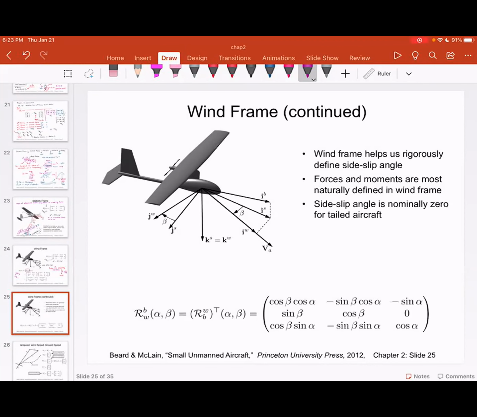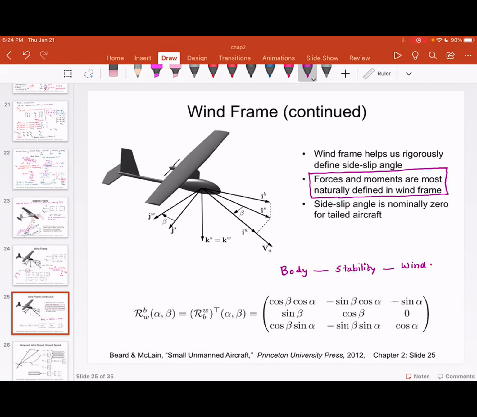Once again, a quick recap. We have the body frame. From the body frame, we have the stability frame. And from the stability frame, we have the wind frame. Please note, forces and moments are naturally defined or derived in the wind frame because a UAV typically has significant wind speed and airspeed.